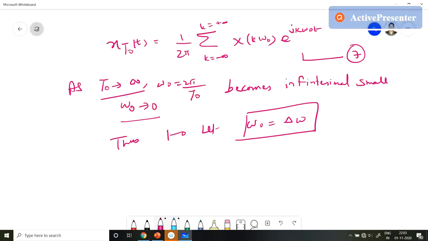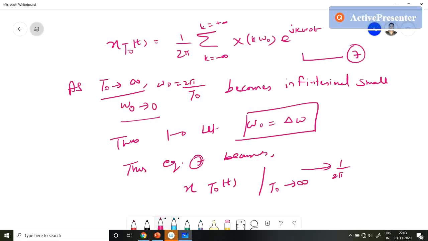Thus equation 7 becomes, for T naught tending to infinity, x_T0(t) is equal to 1 divided by 2 pi summation k equals minus infinity to plus infinity X(k delta omega) e raised to the power j k delta omega t multiplied by delta omega. So this is equation number 8.